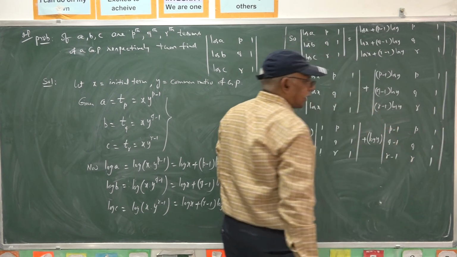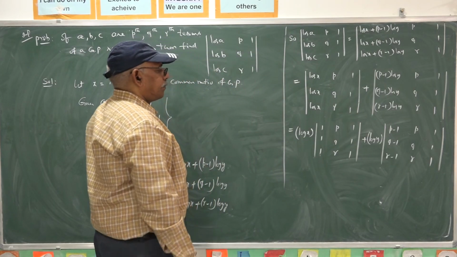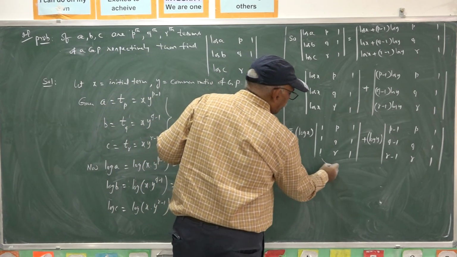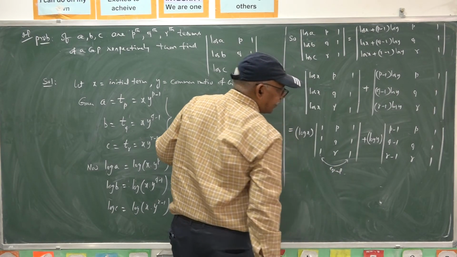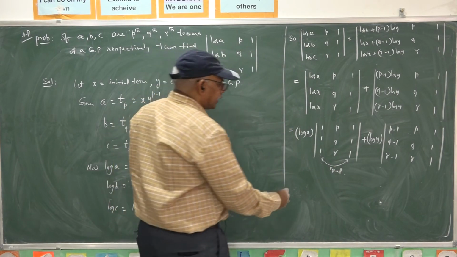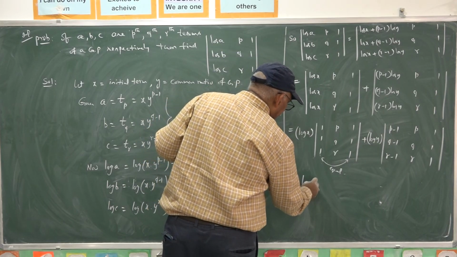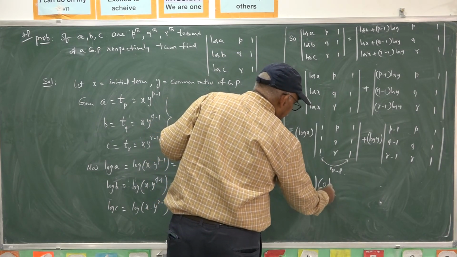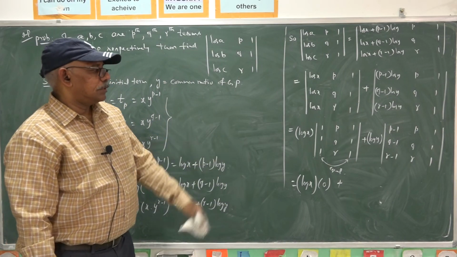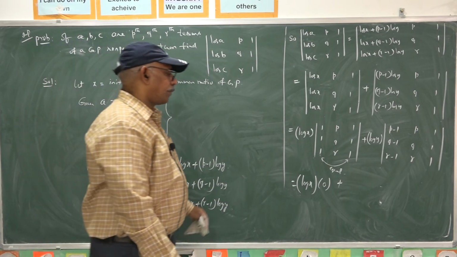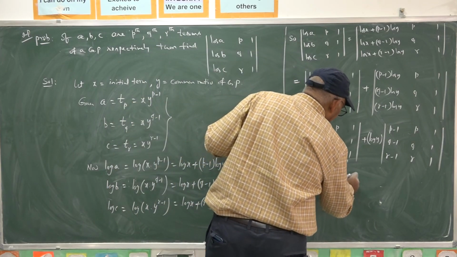Clearly, C1 and C3 are equal in the first one. Hence, the determinant is clearly 0. So, log X into 0. If two columns are equal, then the determinant value is 0. So, hence it is 0.